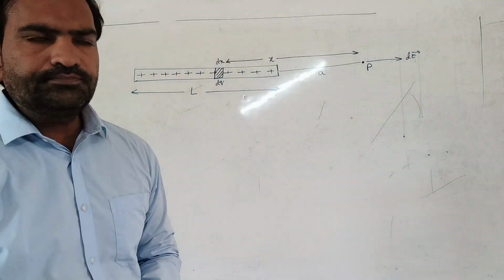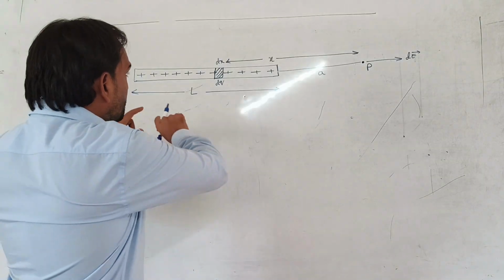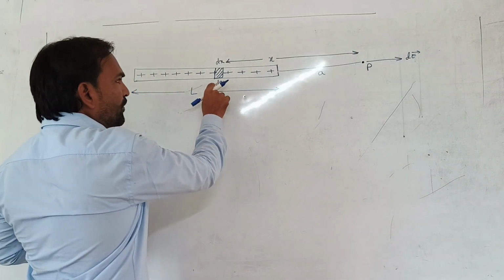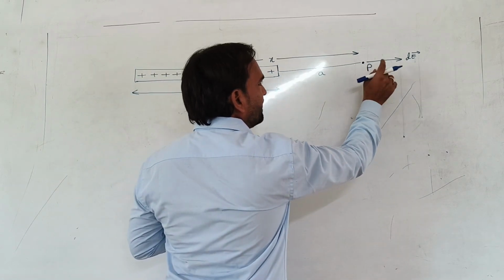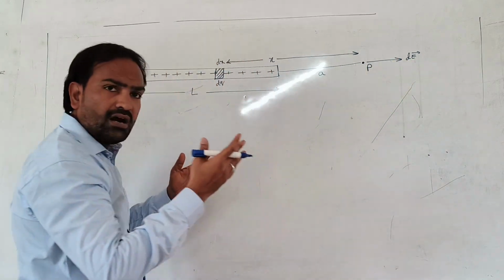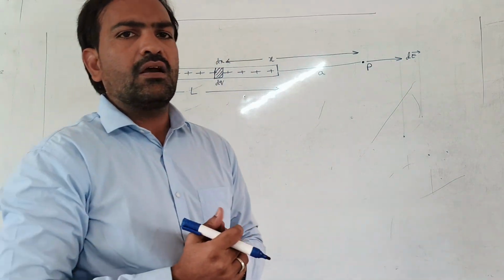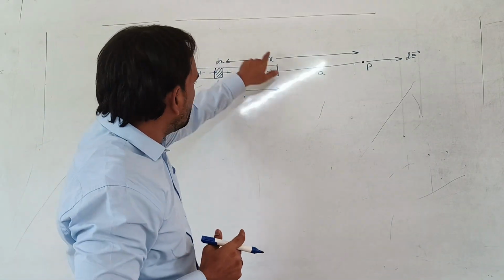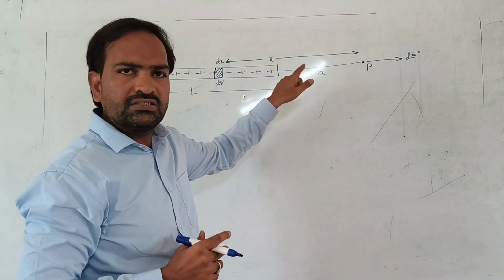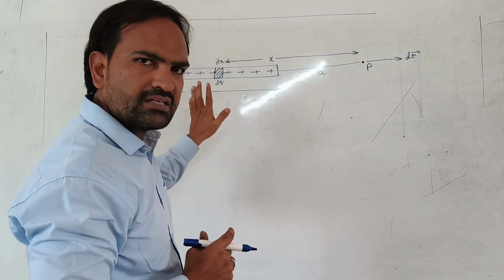This is only due to this point charge. But our question is, how can you find the electric field intensity at point P due to the total charge distribution body?